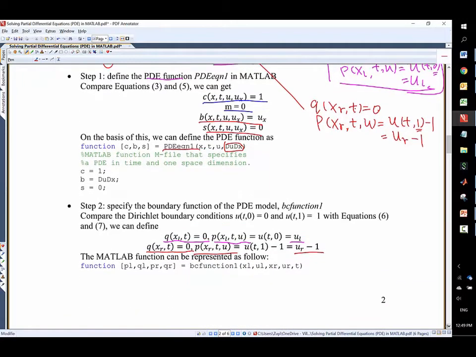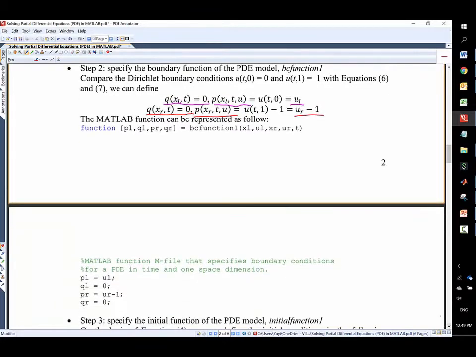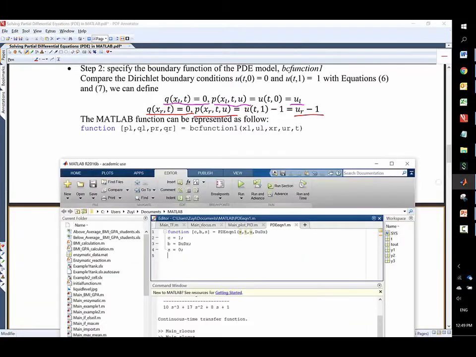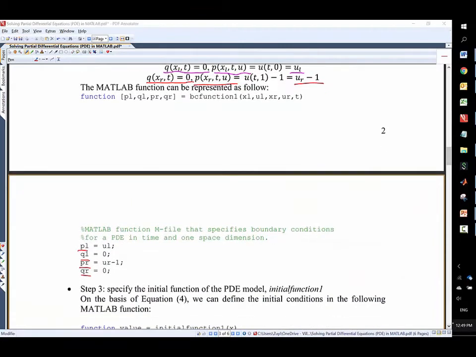Okay, so now based on this, we could type in the boundary condition here. So you can see PL, QL, PR, QR. Now let's type this boundary condition in.